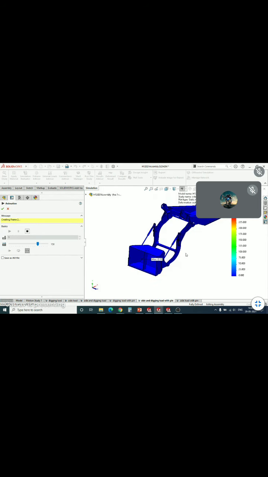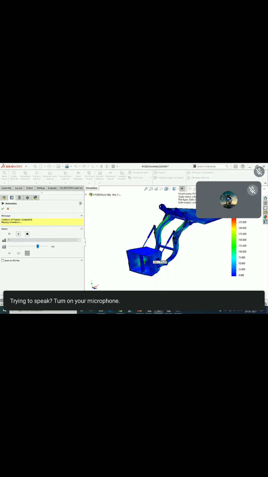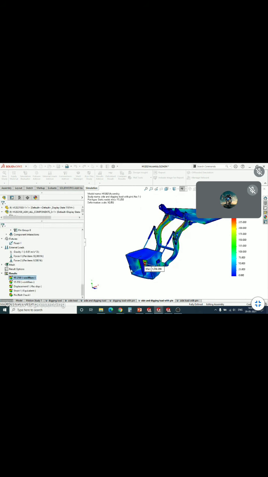I have just created this animation which will give you a good idea of how the product would be behaving or in which direction the displacement is occurring. I have again exaggerated the results for you by 10 times. Correct. So these are a few displacement results, stress results.